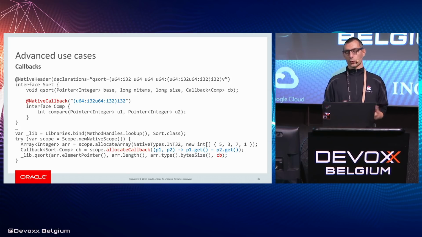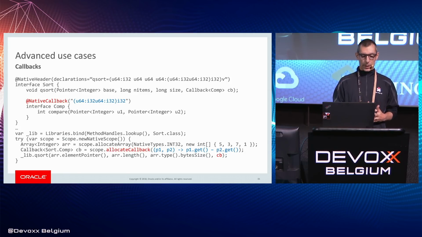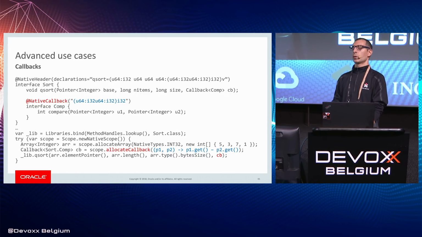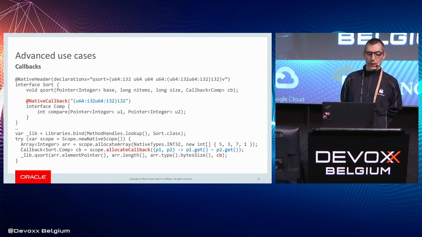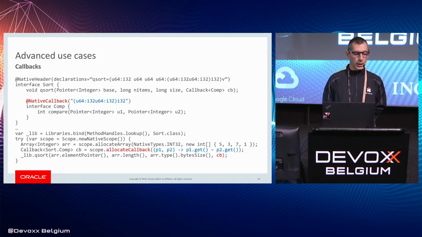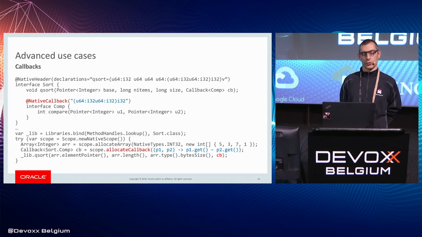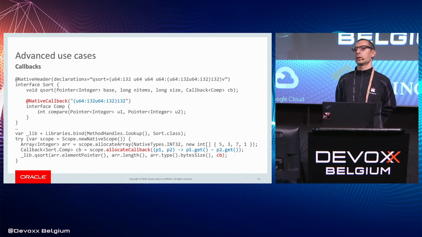So we need to be able to support this kind of idiom in Panama as well. And the way we do that, again, is through interfaces. There is an interface here called Comparator, annotated with an annotation called NativeCallback. Again, that takes some metadata that describes what is the native signature associated with the callback.